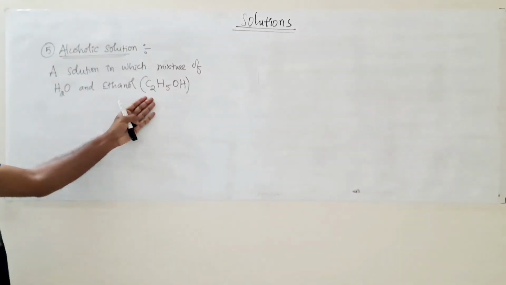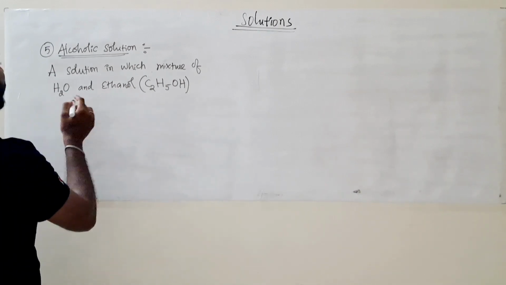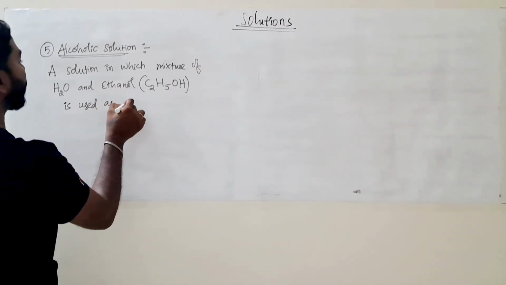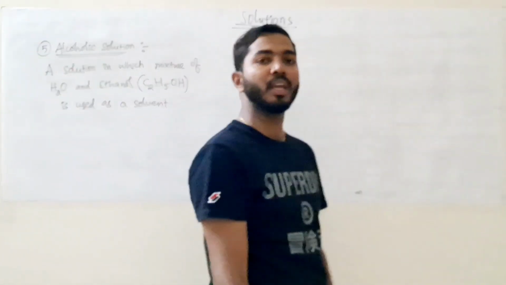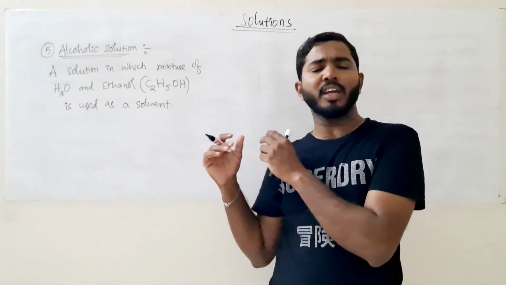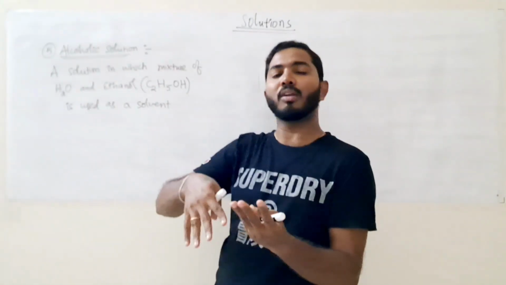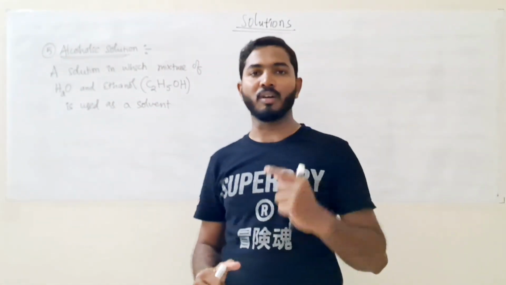This is also called ethyl alcohol. So a solution in which a mixture of water and ethanol is used as the solvent is said to be an alcoholic solution. I hope it is easy to understand.